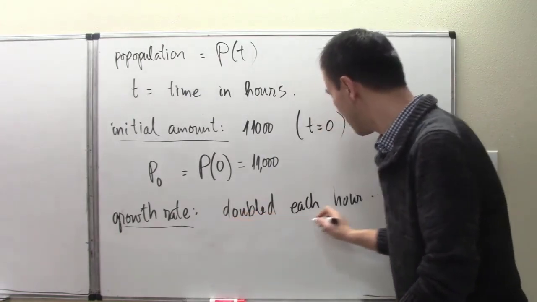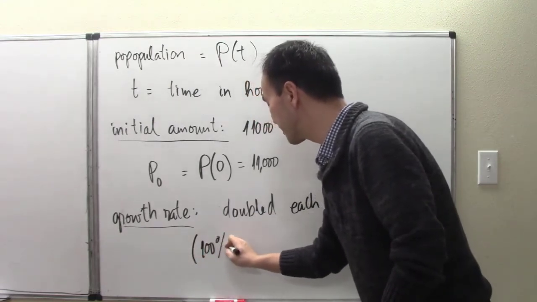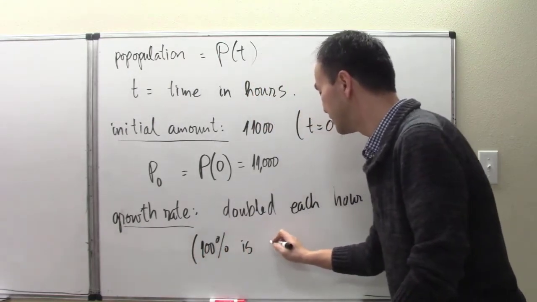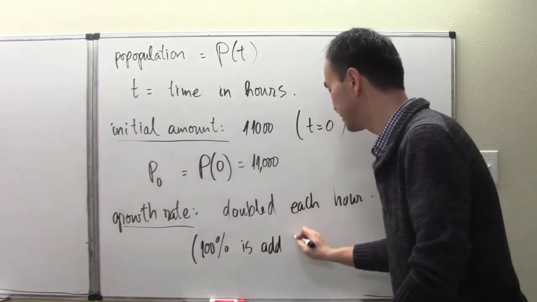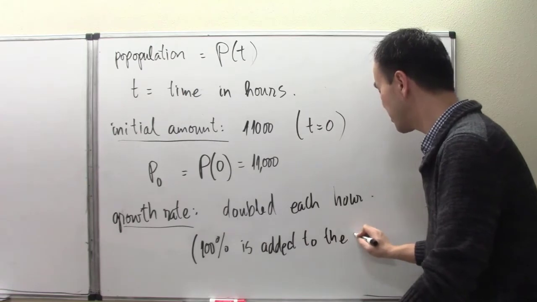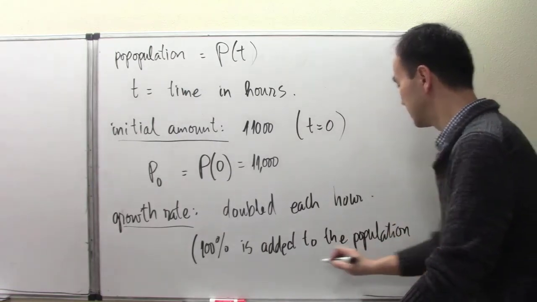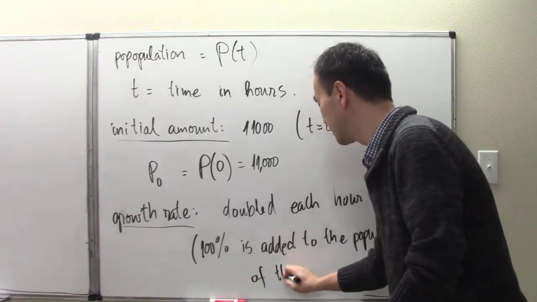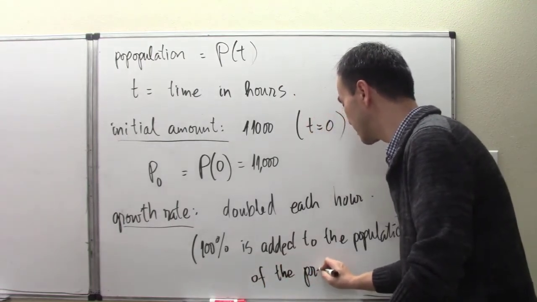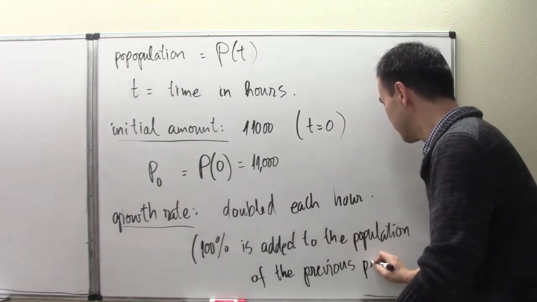To clearly understand, doubled each hour means 100% is added to the population of the previous period.